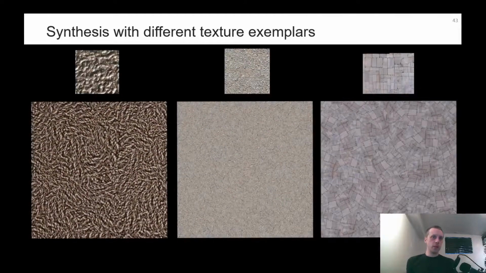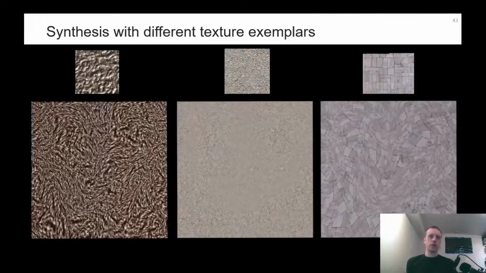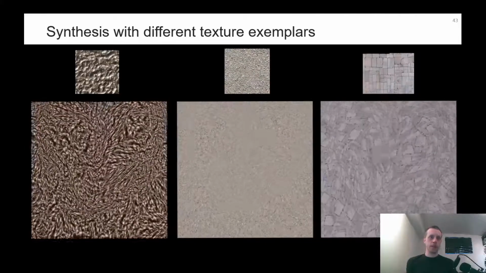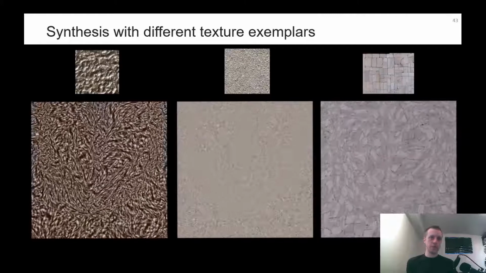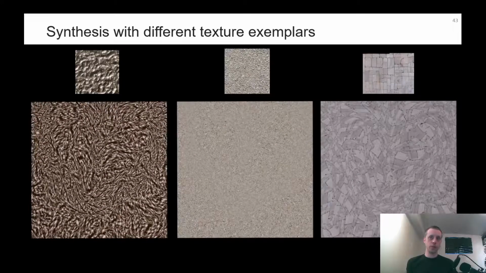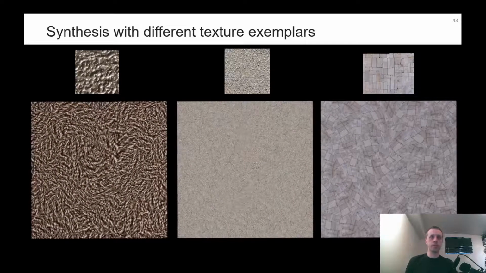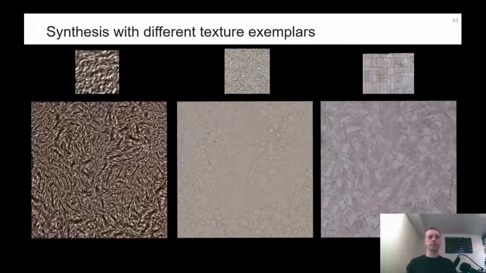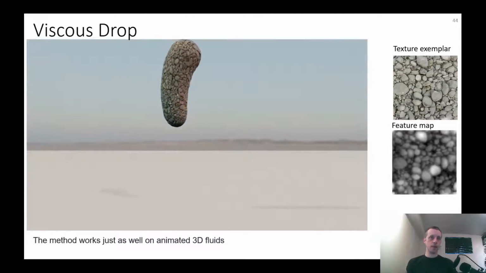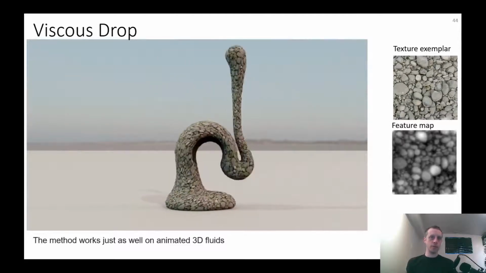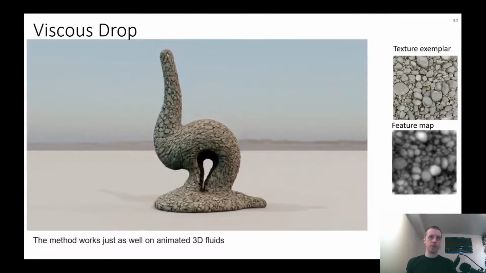We validated our approach using several texture samples. Here, for example, we have the same fluid simulation textured with 3 different samples. We also validated our approach with 3D viscous fluids, such as this one.